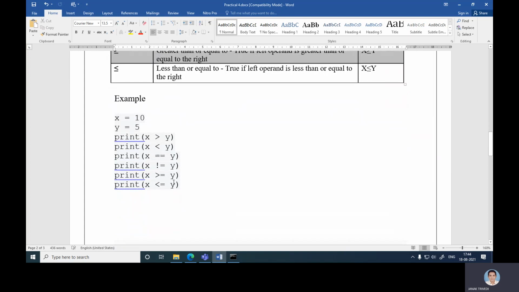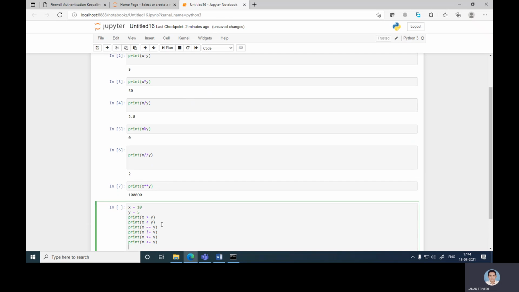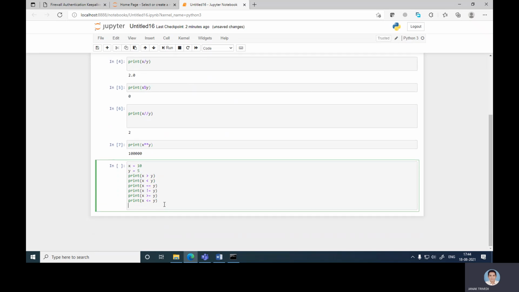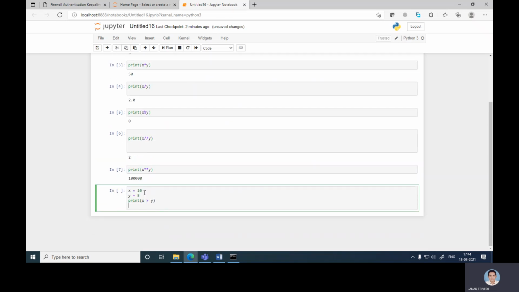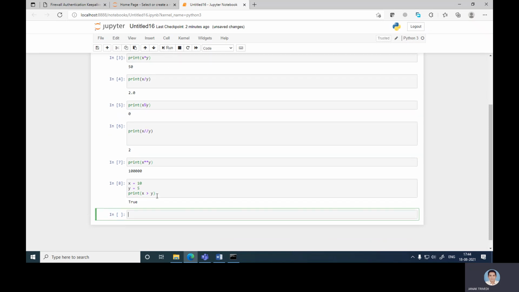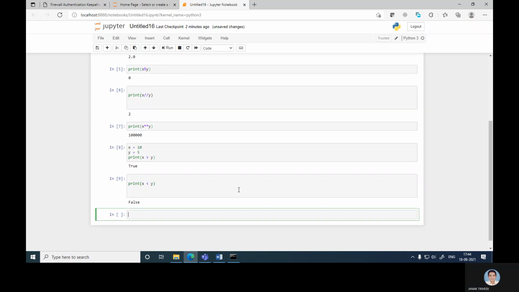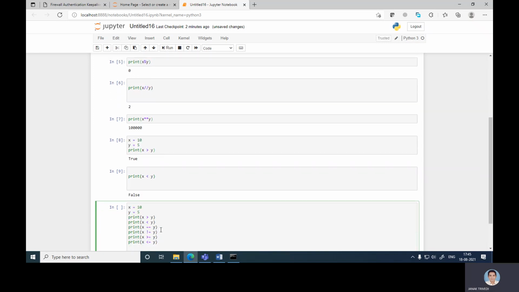Okay, so now we'll discuss this example. Same example, x is 10 and y is 5. First, x greater than y? Yes, it is true. Then x less than y. Then x equal to y, whether both are same?